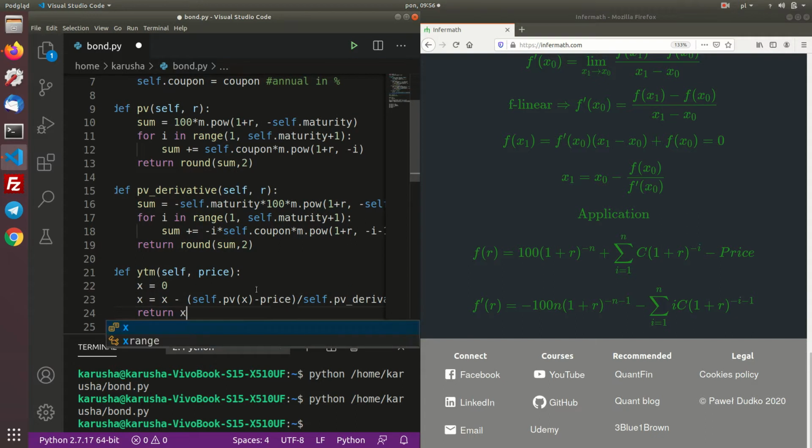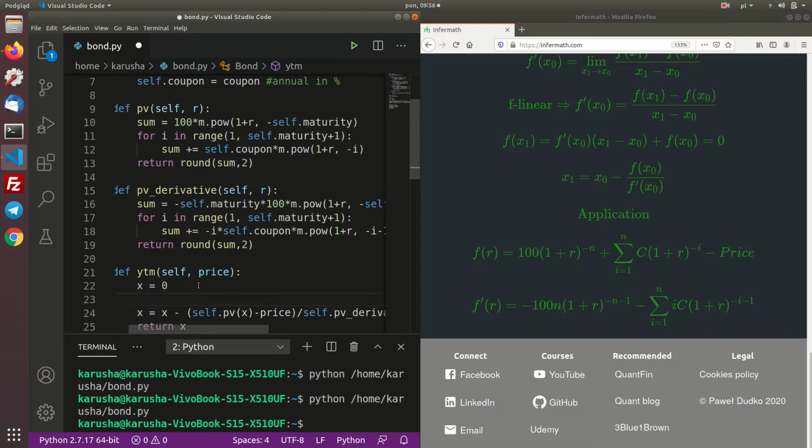But this is just one iteration. We want to have several iterations until we get close enough to the real yield to maturity. So for that, we're going to use a while loop.